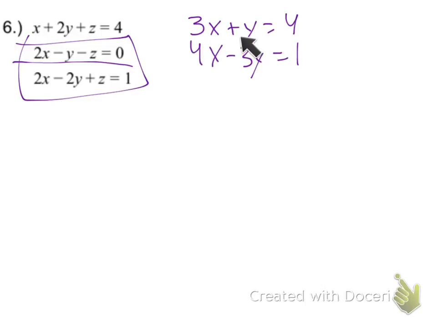Instead, hey, I got y by itself. It's kind of like a blank canvas. I can do what I want. So therefore, I'm going to multiply the top equation by a, not a negative 3, but a positive 3, so that I can have a positive 3 and a negative 3. Let me change colors. We'll change to this nice dark blue.